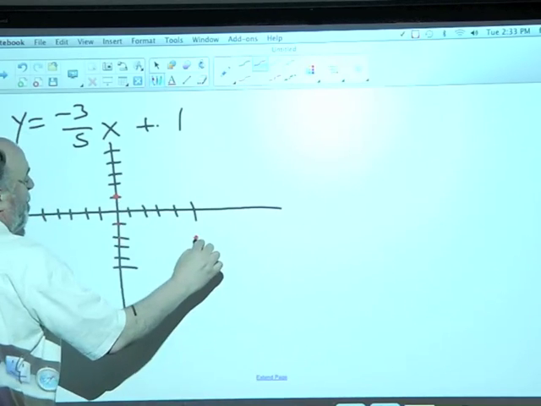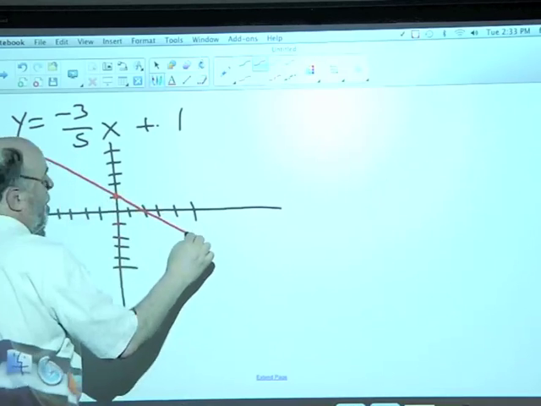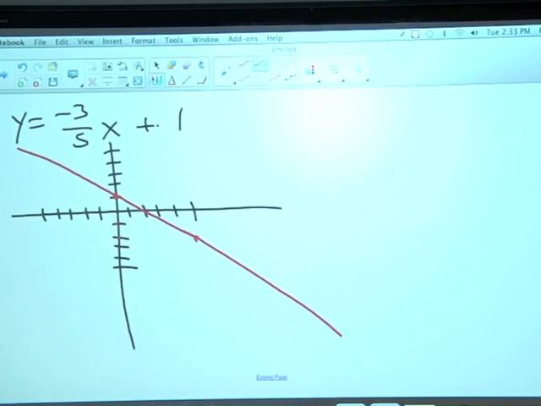And again, we connect. It's a lot easier to just draw a graph because it's like instructions basically. You don't even really have to do math. Well, that is math, but a different type.